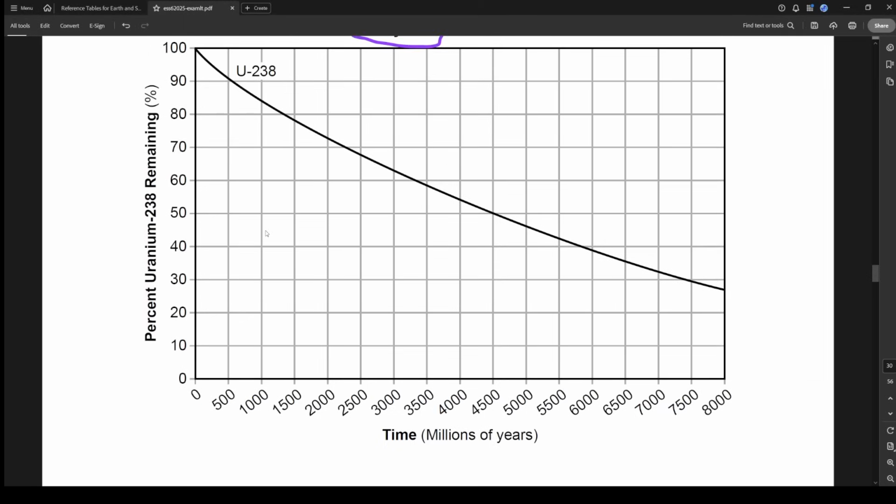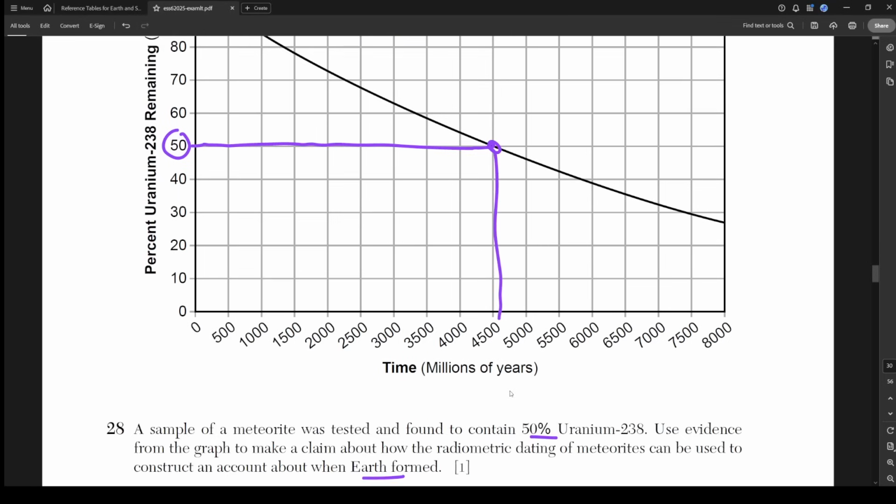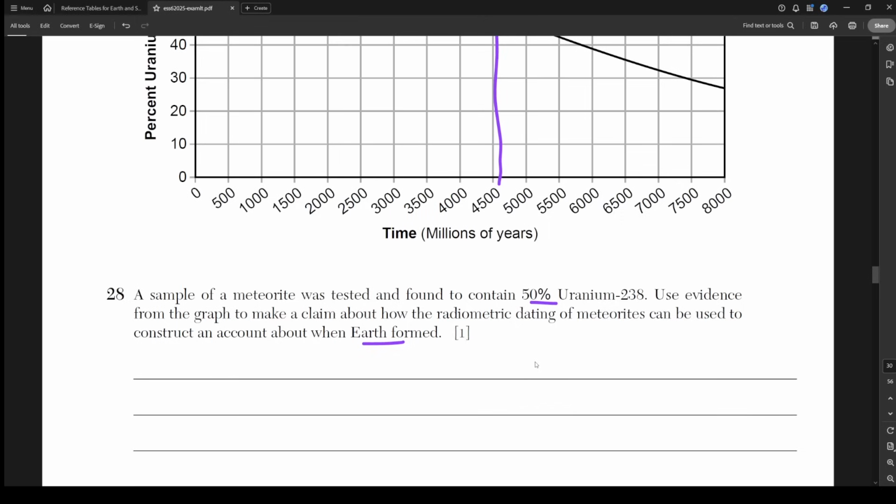And then if you look at 50% uranium, and you go right here, boom, it's about 4,500 million, which is 4.5 billion.